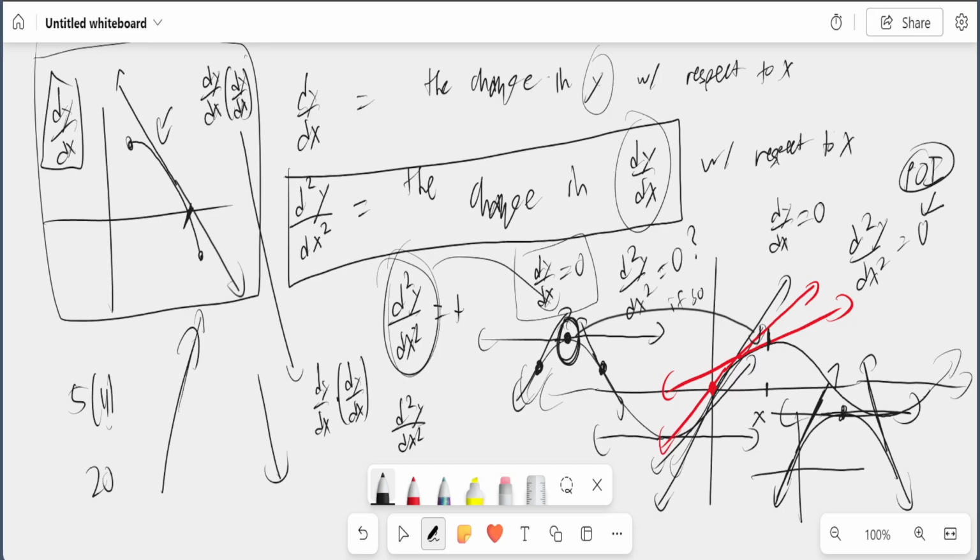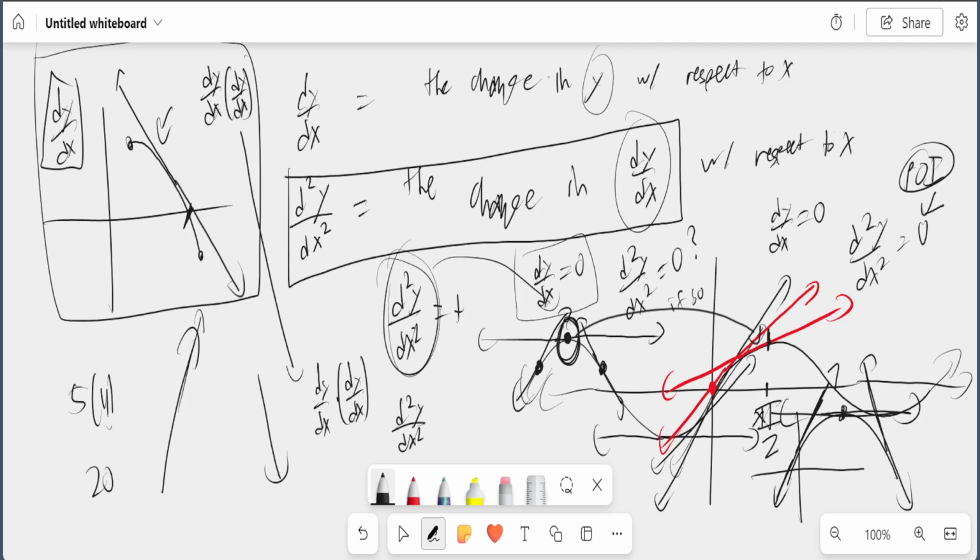So you said y double prime of sine x is negative sine x, right? Well, we know that this is pi over 2. So what's negative sine pi over 2? Negative 1. So this is negative. We just showed that it's negative.